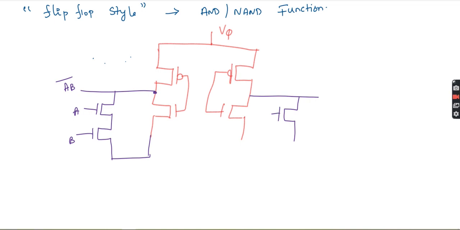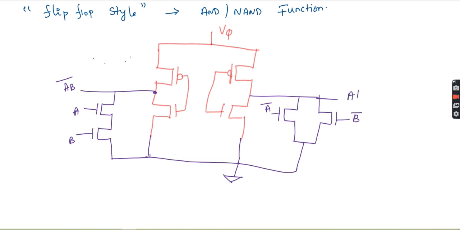This is A bar, this is B bar. Then we have to make it finally all to the ground.